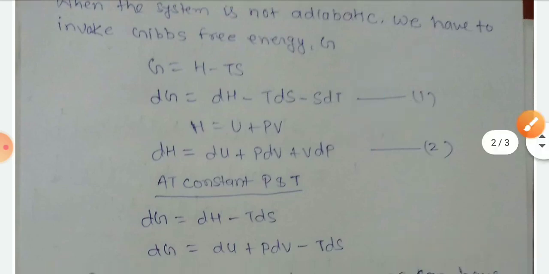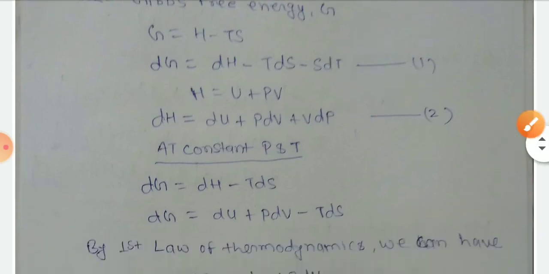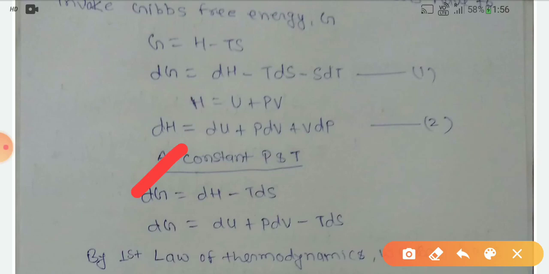So finally you can write dG equal to dH minus T dS, because the S dT term is neglected due to constant temperature and the V dP term is neglected due to constant pressure. So dH equals dU plus P dV.